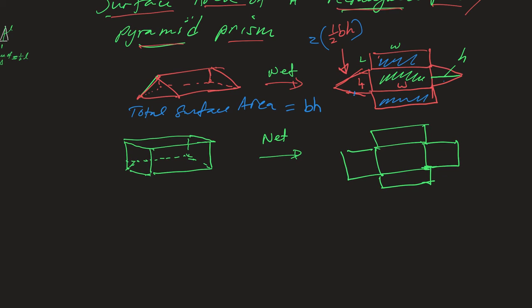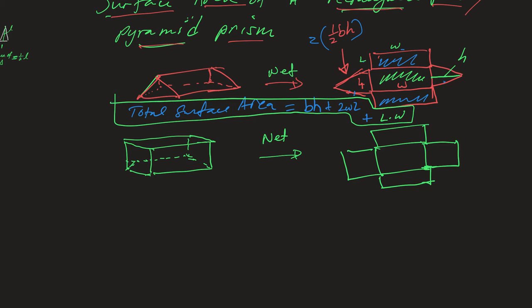And then you have plus the green part. So that would be width times length of the green part area there. Length times width, okay? And that would be the total surface area of the pyramid, okay?